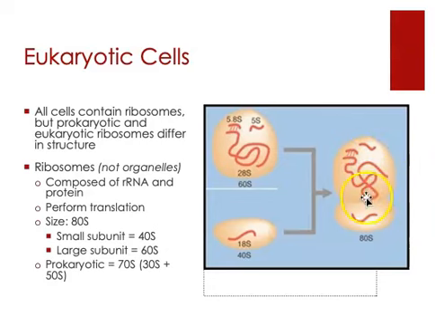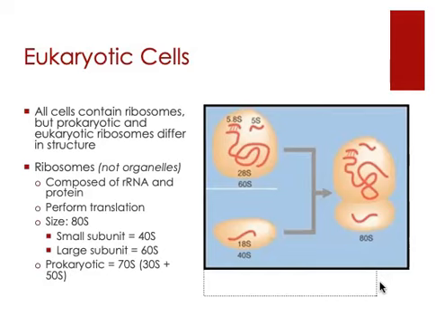That's what's in the red. So both subunits contain protein and rRNA. The difference between a prokaryotic ribosome and a eukaryotic ribosome is the exact kind of protein and the exact nature of the rRNA found in the different subunits.